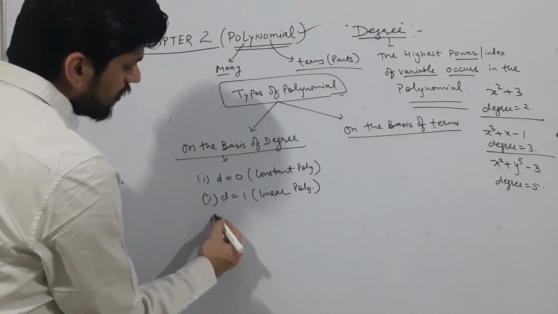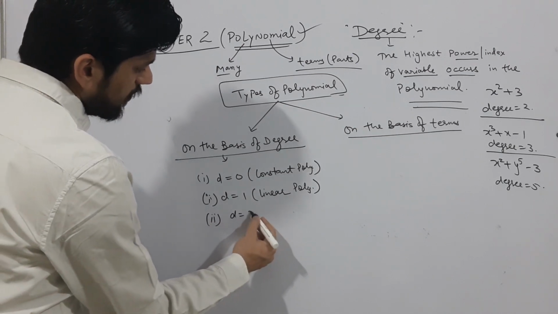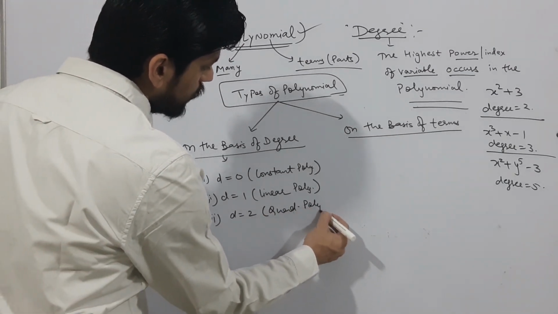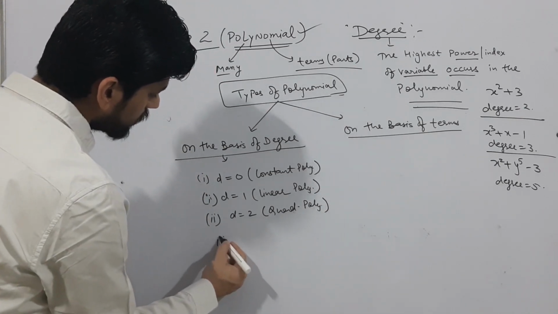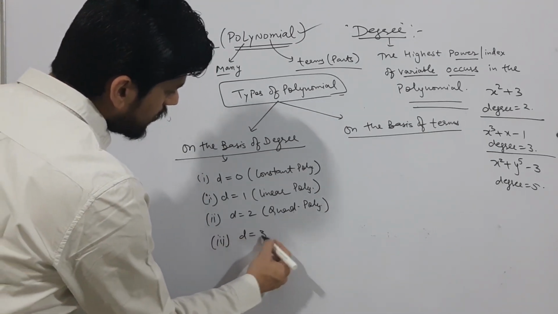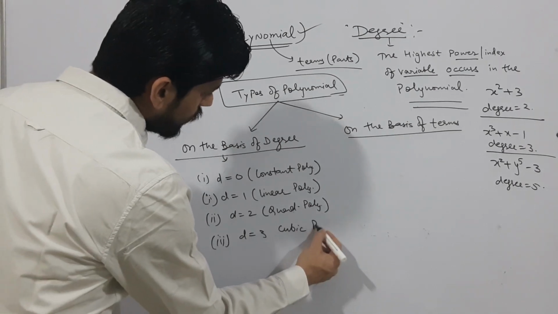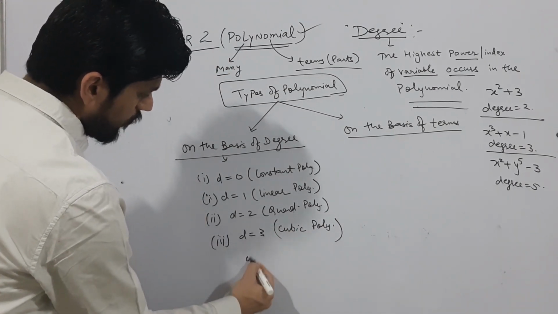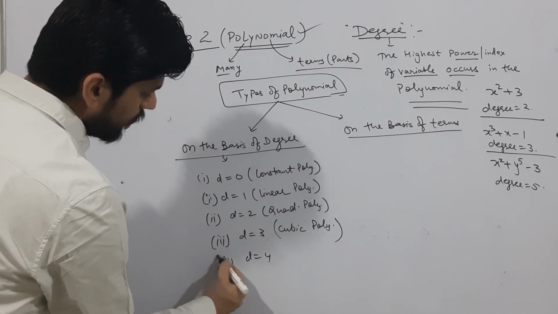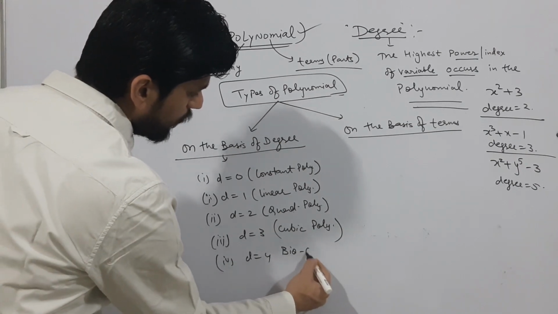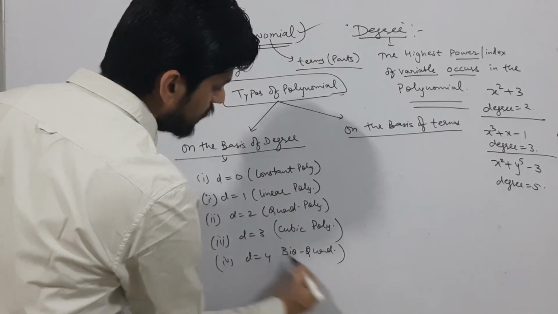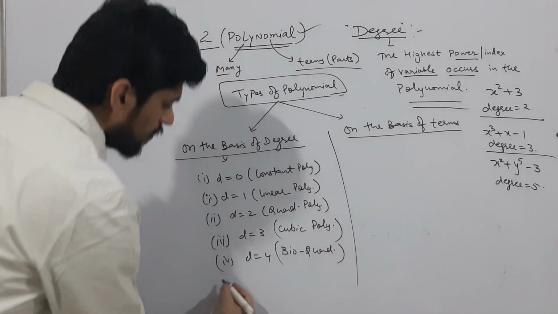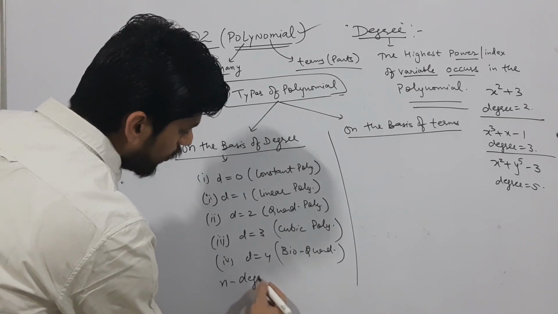A polynomial with degree 2 is called a quadratic polynomial. Degree 3, such a polynomial is known as a cubic polynomial. Degree 4, such a polynomial is known as a biquadratic polynomial. And after this, we generally call it an n degree polynomial.